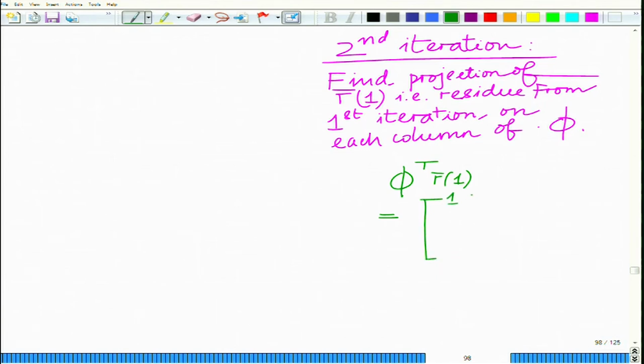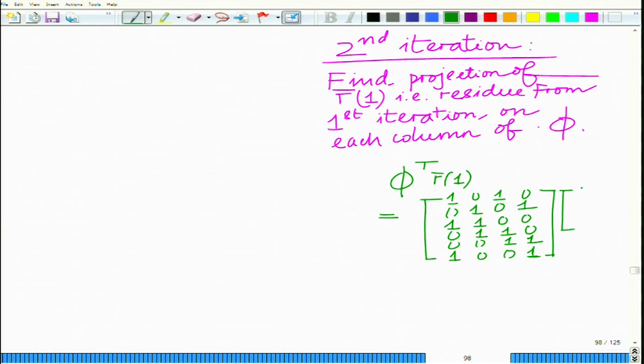Okay. So, this will be 1 0 1 0 0 1 0 1 1 1 0 0 0 1 1 0 0 0 1 1 1 0 0 1 on the residue 0 2 minus 1 1. Okay.